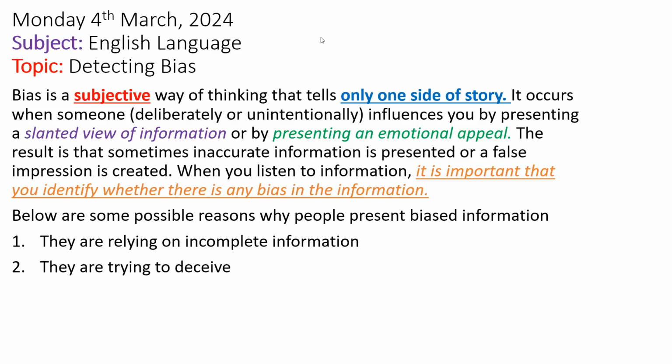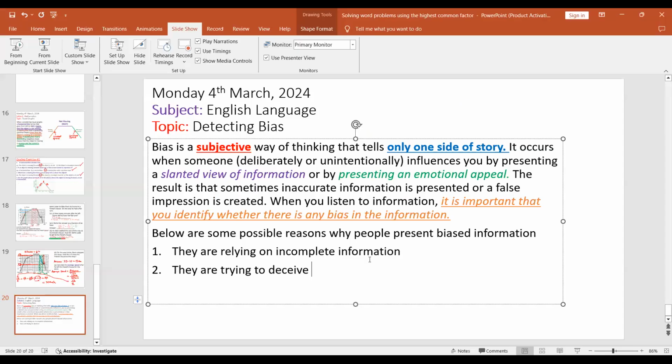So they never say, oh, what this party did was good. No, they always talk about how their party did what was right and the other party is trying to break down the country. So that's a good place where you could identify bias, especially at election rallies. It's very big in politics, bias and propaganda.